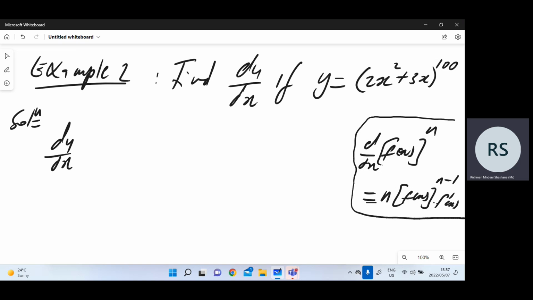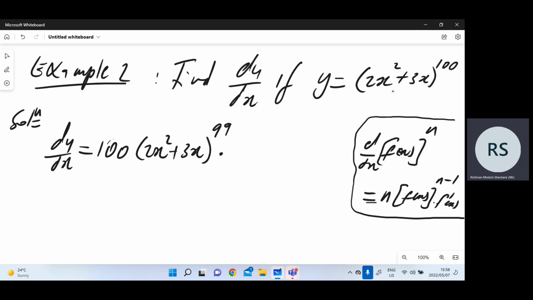First standard derivative. Here, because y is a function to the power of n, the derivative should be in the form of n. My n is the power number, it's 100. And then the function, 2x squared plus 3x, to the power of 100 minus 1, so 99. Yeah?